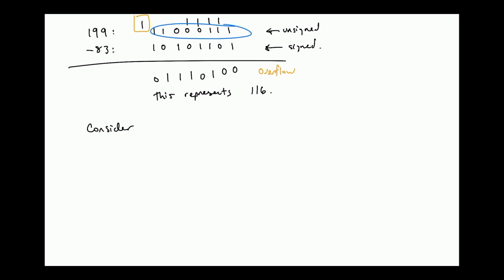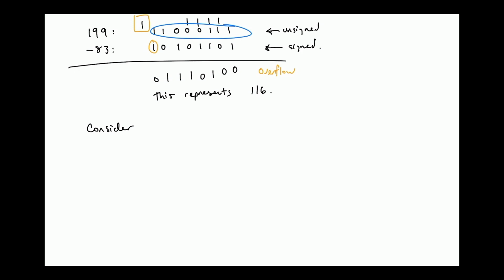First thing to notice is that any number in the signed system that has a 1 in its far left position represents a negative quantity. But what's true about the bit pattern for 199? It has a 1 in its leftmost position. So if we consider it as a signed quantity, it's actually a negative something.